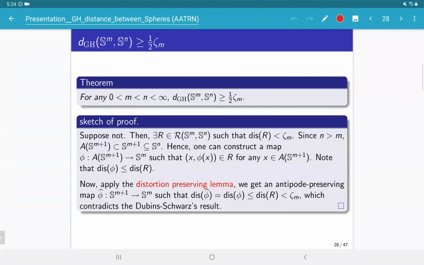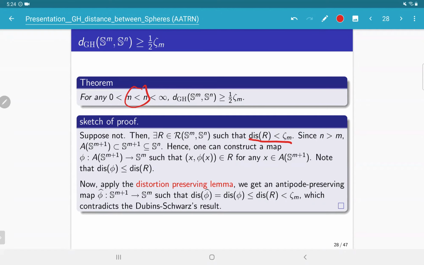It means that there is a correspondence R between S^m and S^n such that the distortion of R is strictly less than zeta sub m. But here, we assumed n is strictly greater than m. Therefore, S^(m+1) is contained in S^n, hence obviously A of S^(m+1) is contained in S^n.